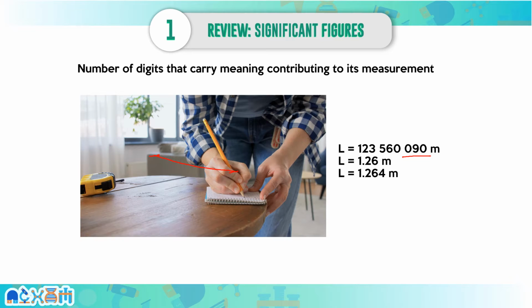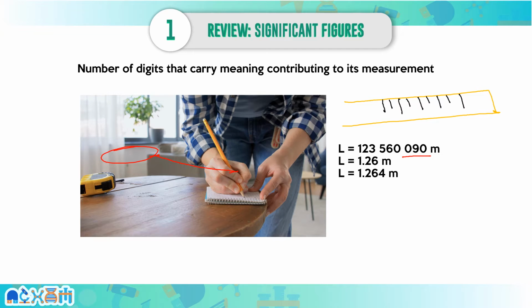So that's how specific it is. However, if you look at a tape measure or this device, it won't be able to detect up to this specific value. Since when you look at that device, let's draw it here, it will be divided into certain calibration.